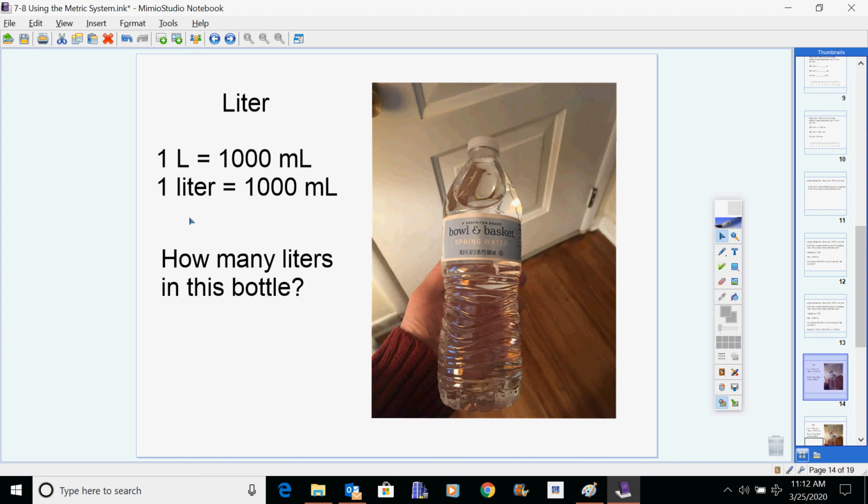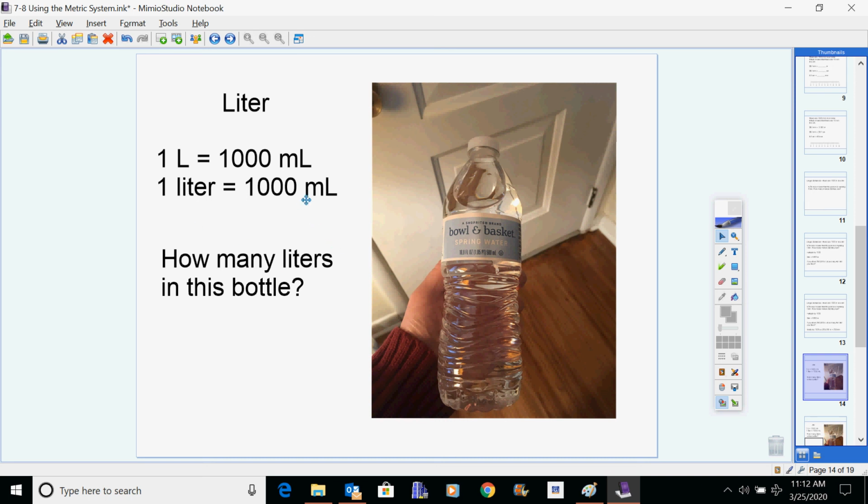All right, so if I wanted to find out how many liters this is, okay, there's 1,000 milliliters in 1 liter. So if I want to find out how many liters this is, well, 500 is smaller than this 1,000, right? So we know it's not even a whole liter.